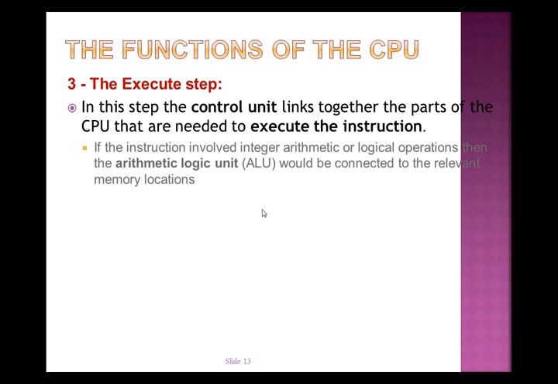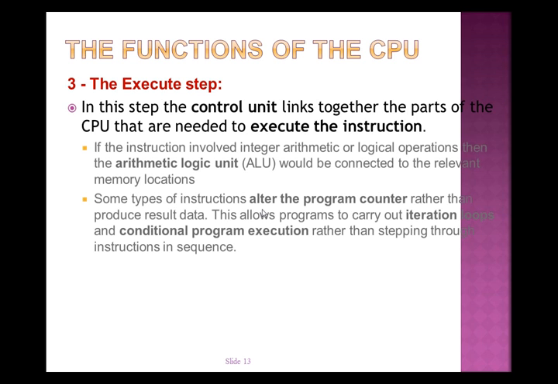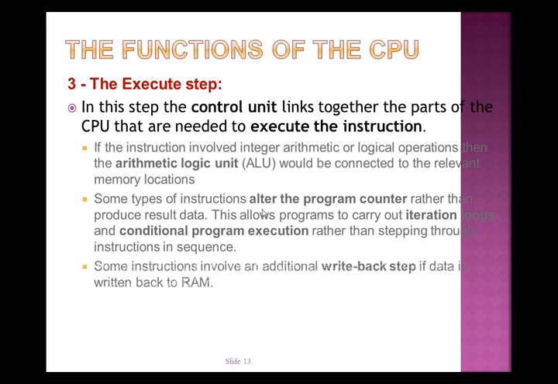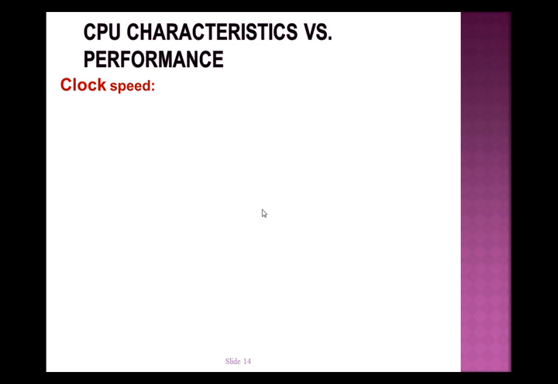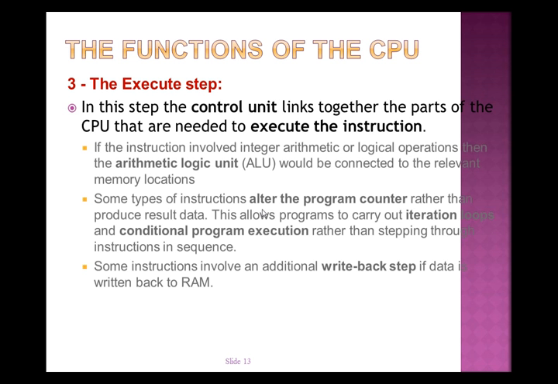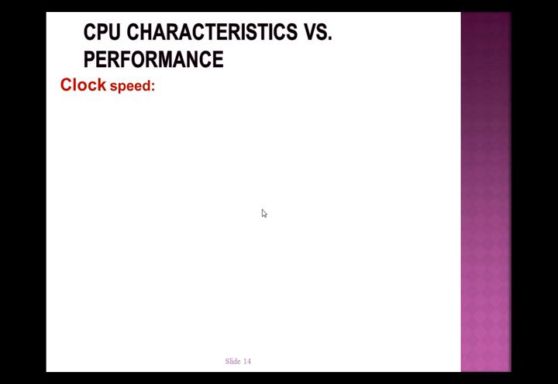If the instruction involves arithmetic or logical operations, then the ALU would be connected to the relevant memory location. Some types of instruction also alter the PC, the program counter, rather than produce result data. Some instructions also involve an additional write back step if the data is written back to the RAM. So this is your next function, the execute stage.